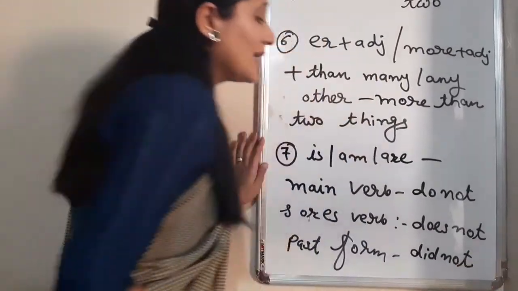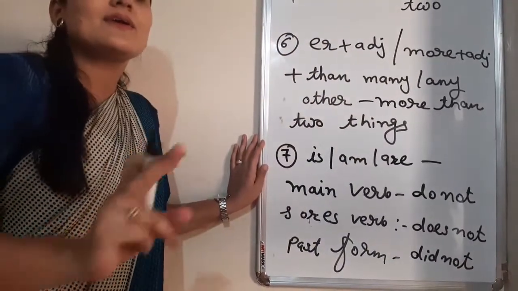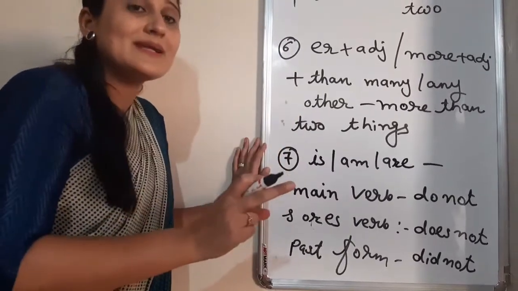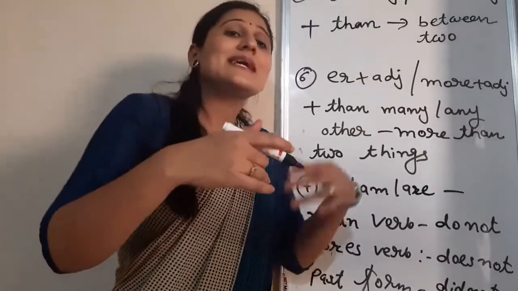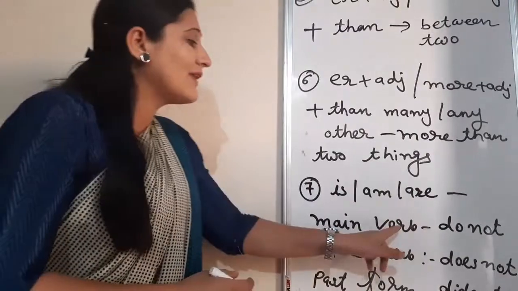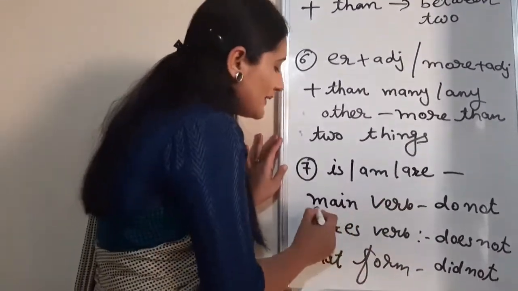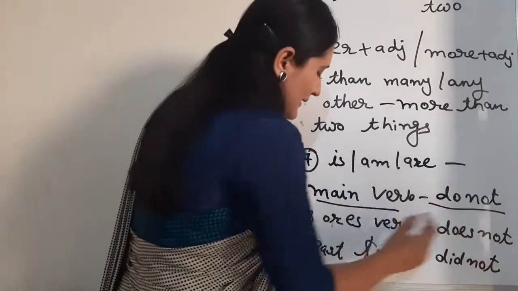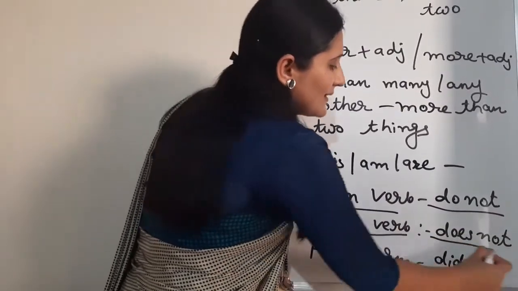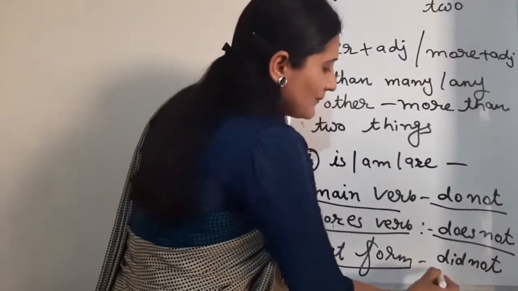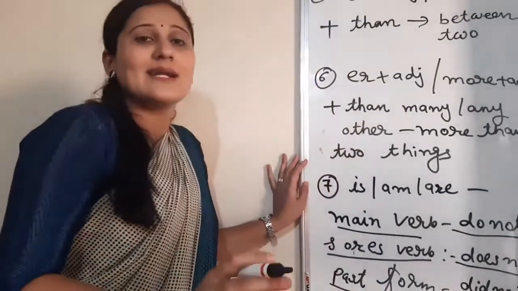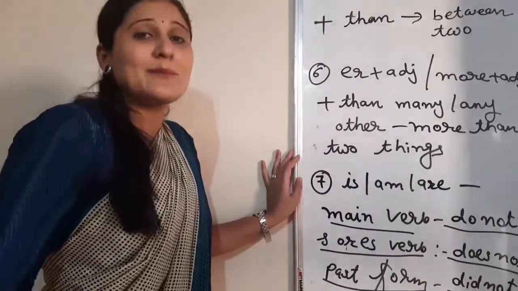I am talking about when we turn from positive degree to comparative, and if the positive degree is positive itself, when we turn into negative for comparative, that time if main verb then do not, if s or es then does not, and if past form then did not, right? That only you have to keep in mind.